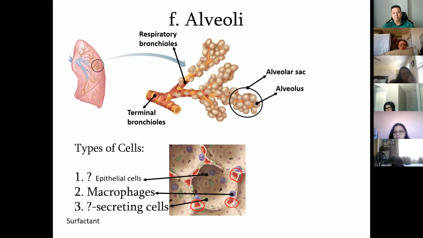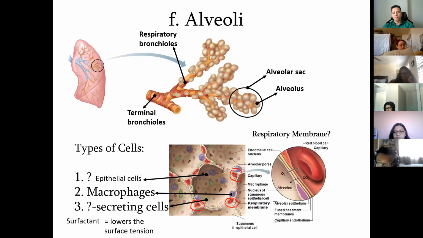So as the blood passes here, right next to the alveoli, oxygen is going to go from the alveolus into the capillary. And then the oxygen gas is going to bind to the hemoglobin in the red blood cells. And the CO2 is going to go in the opposite way. It's going to go from the capillaries into the alveoli, so that when we exhale, we blow off that CO2.